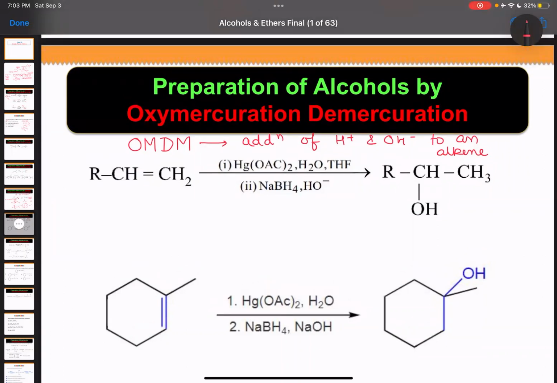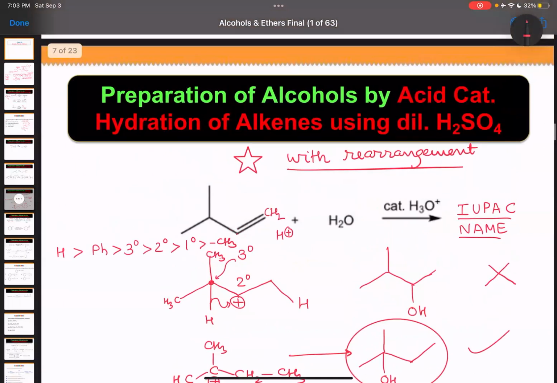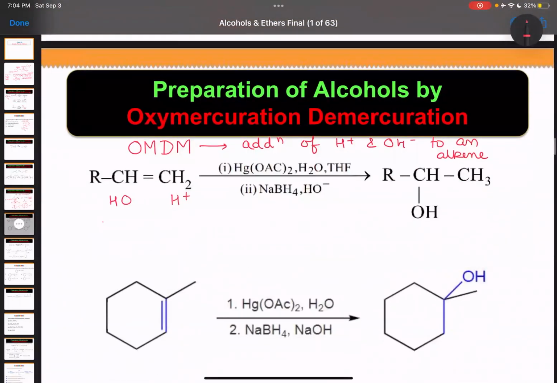Okay, so this is Markovnikov. H plus we're going to put on the carbon atom where more hydrogens are there, and the OH on the carbon atom which is having less hydrogen. More branched carbon you are going to put OH, because that is where the carbocation is stable. So this is Markovnikov addition. And in the last case which we did before this question, let me write it here.